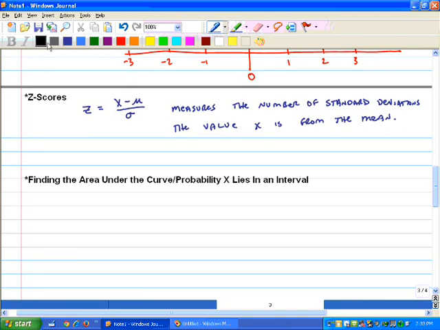If we want to find the probability that x lies in an interval using z-scores on the standard normal curve, say we want to find the probability that z is less than or equal to 1. We can use our calculators to find it.